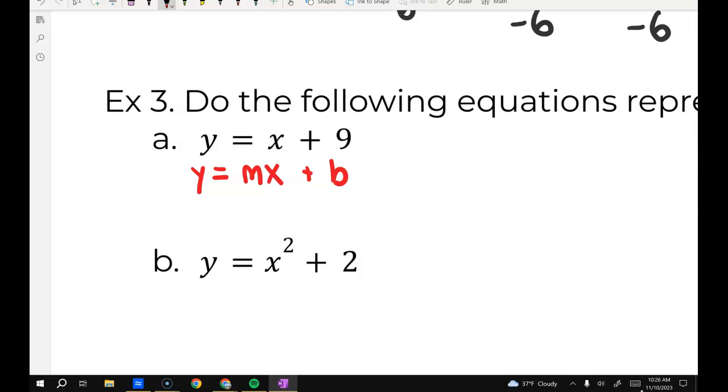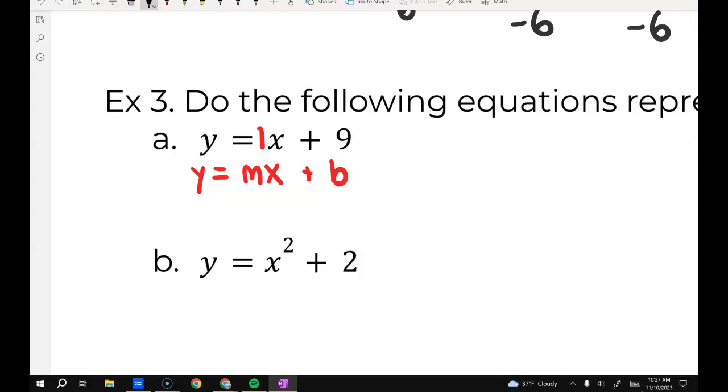But I've said this before. Math people are lazy and they like to write as little as possible. So we have that floating 1 there. That 1 is in the place of the m. So this fits the y equals mx plus b form, and that's all we have to say to justify.